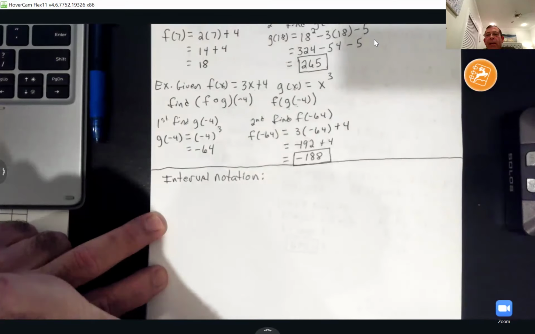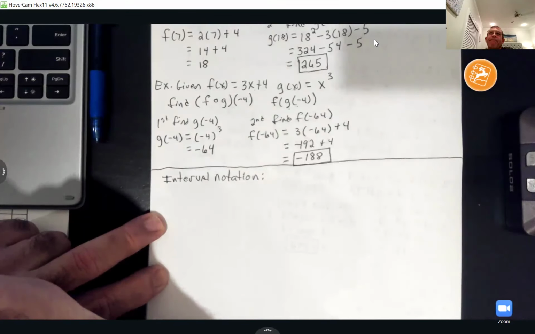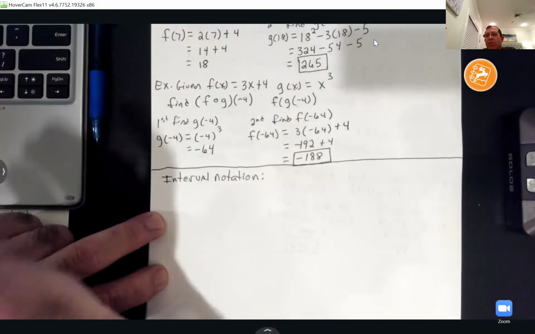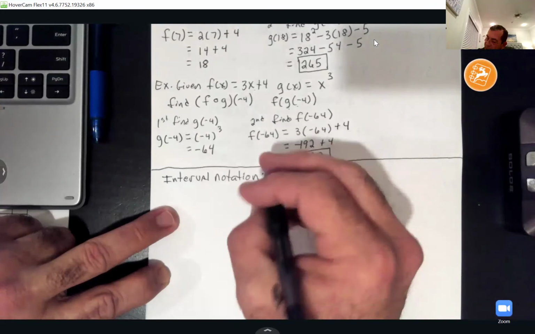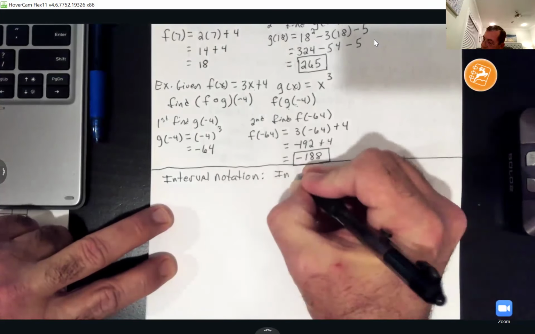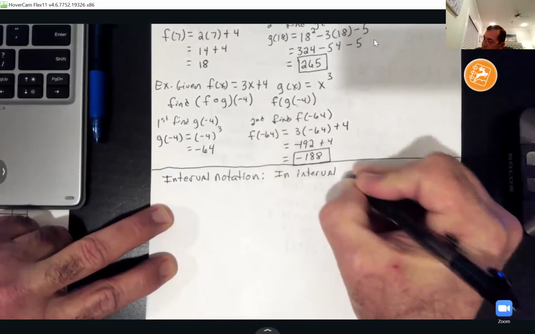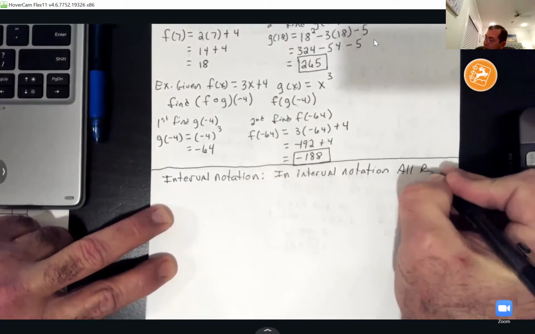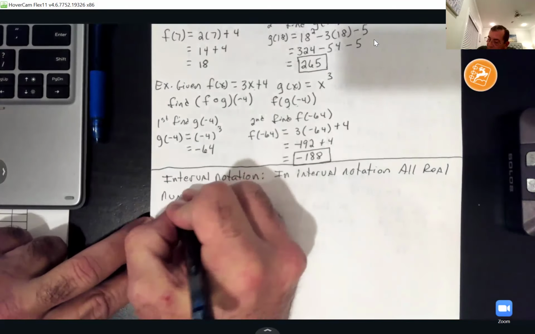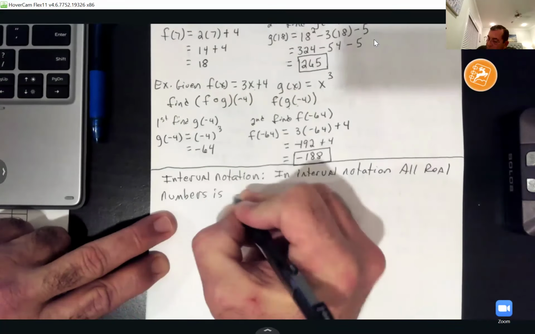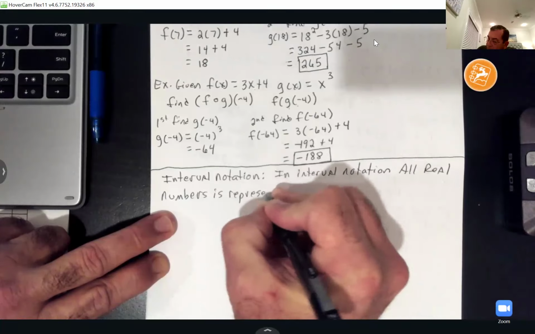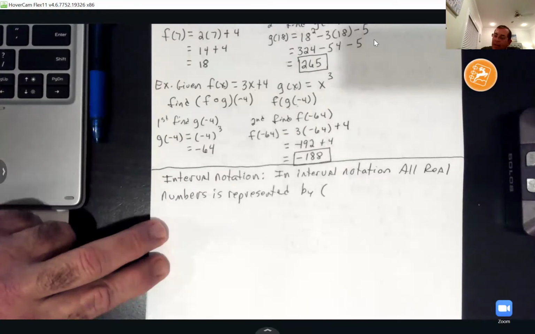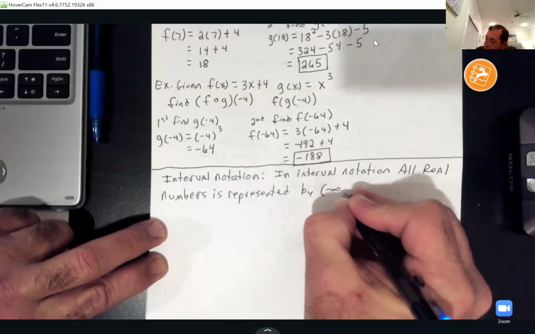So in interval notation, we use parentheses and infinities to represent all real numbers. So in interval notation, all real numbers is represented by, so y'all, the furthest I can go left is negative infinity.